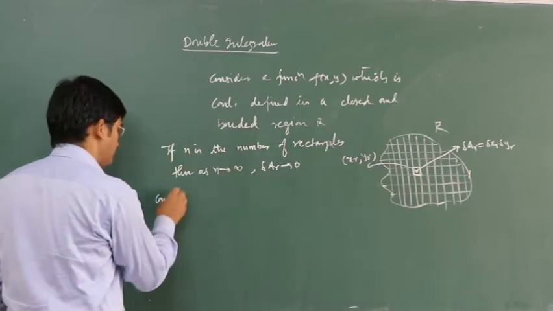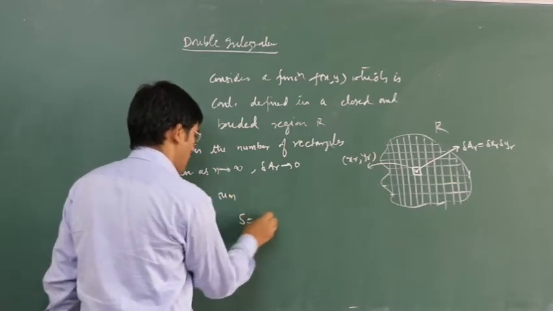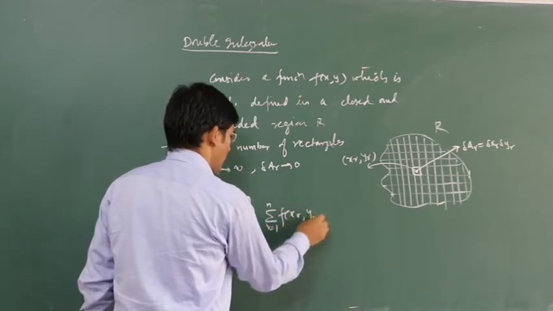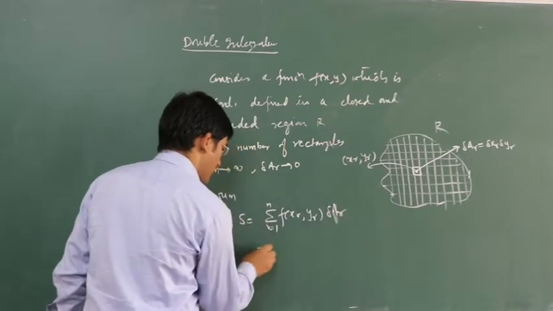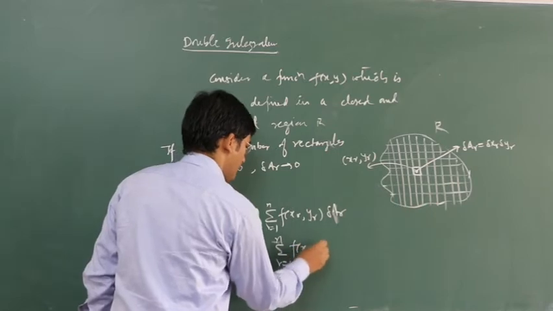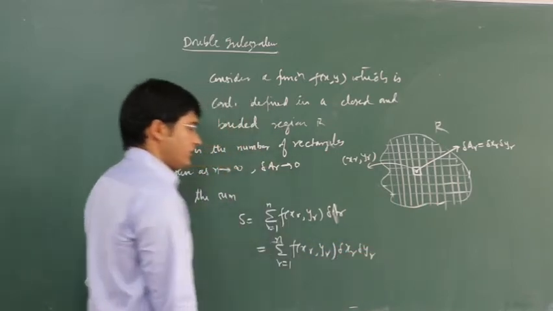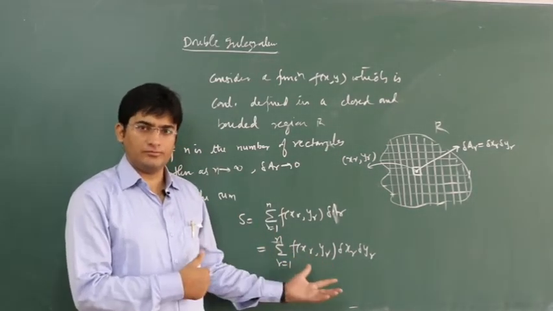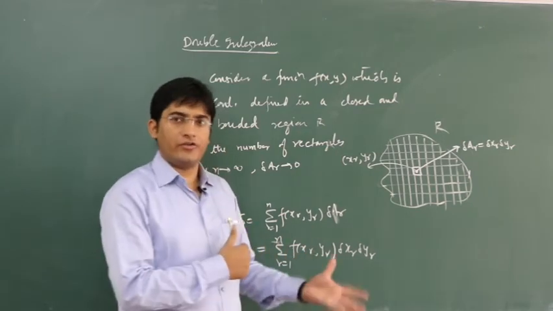So consider the sum S equal to the sum from r equal to 1 to n of f(xr, yr) delta AR, where delta AR is delta XR into delta YR. Now if you take the limit of this sum, this will give you the double integration.